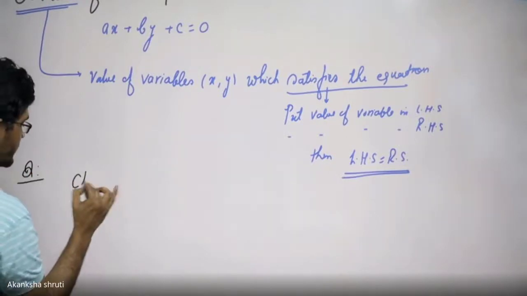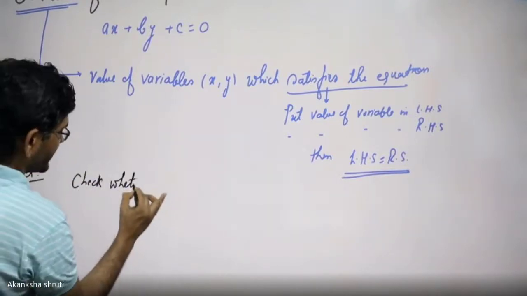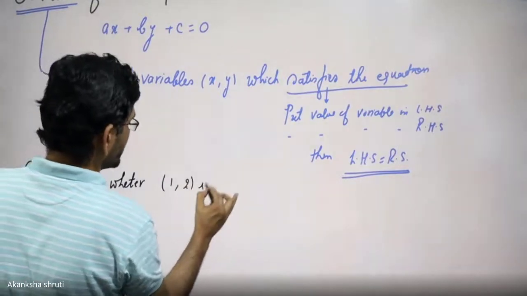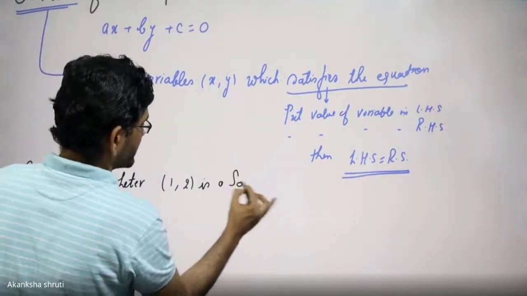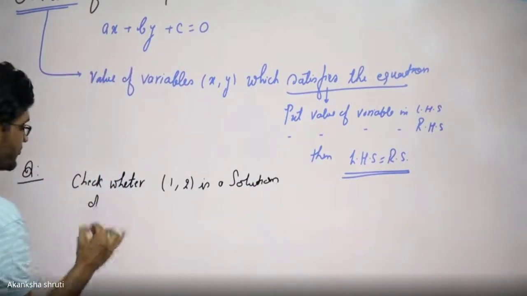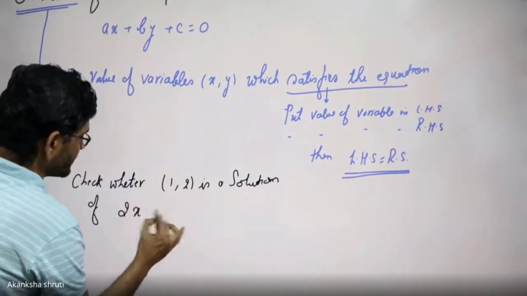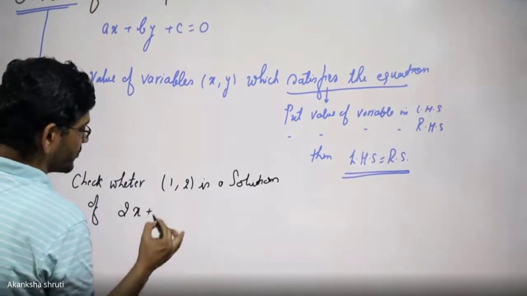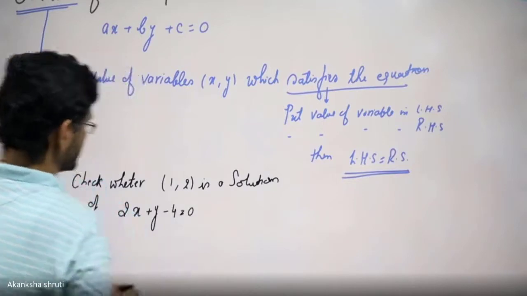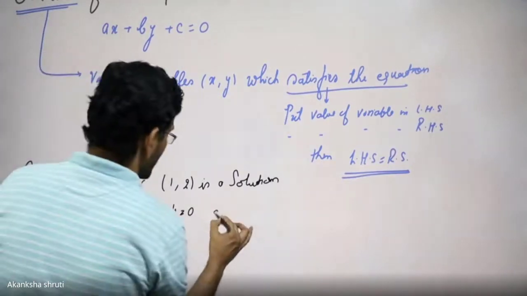Students, so we have to check whether (1, 2) is a solution of 2x plus y minus 4 is equal to 0 or not.